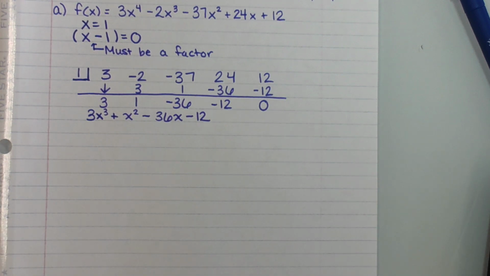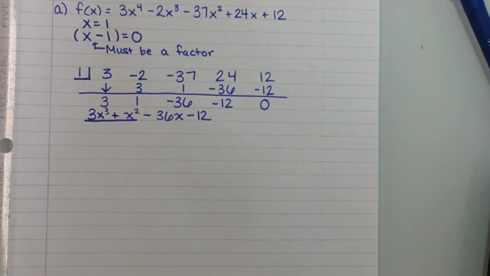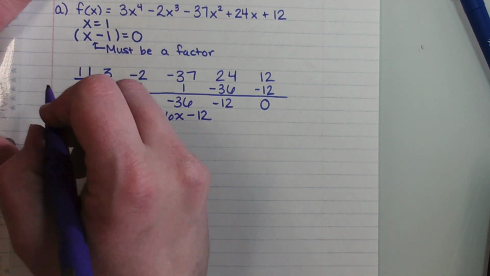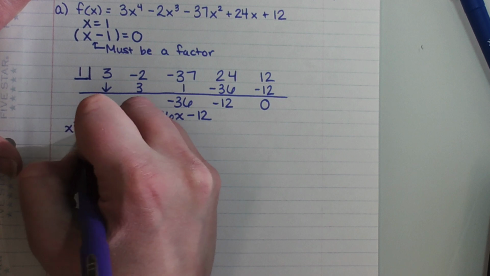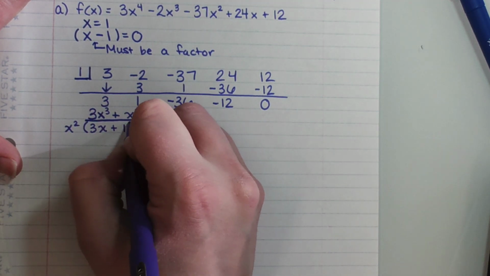Is that something we can factor? It's got 4 terms, now we can factor it. When it's got 4 terms, you factor by breaking in halves. You factor by grouping. What's the biggest thing I can divide out of the first half of this? X squared, leaving me with 3x plus 1.